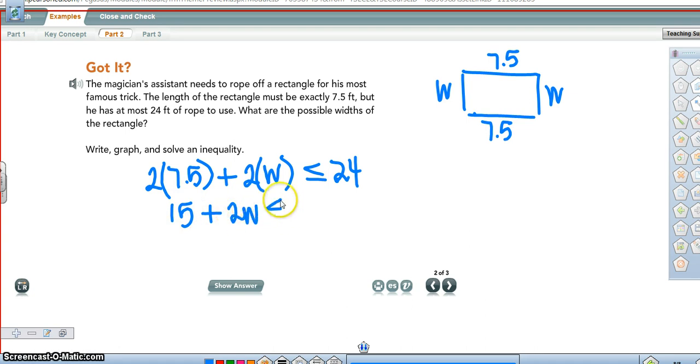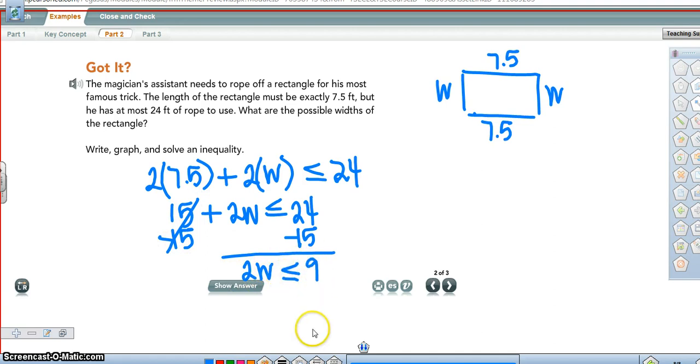We would start with the addition or subtraction, and then the multiplication or division. Did we multiply, or I guess in this case, did we divide by a negative value?